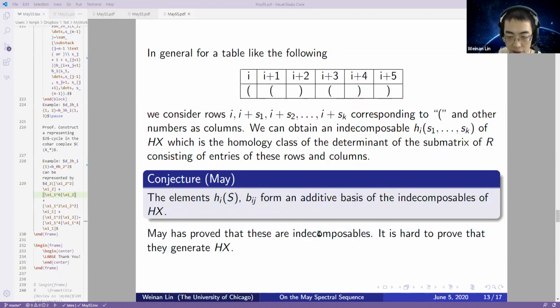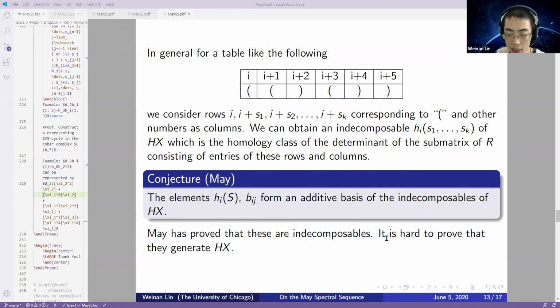They are indeed indecomposables, and the way he proved this is that he considered the dual of X, which is a coalgebra, and he computed the coproduct of the dual of this H_i(S), and it turns out that they are primitive. So if you dualize that, it means that they are indecomposables.